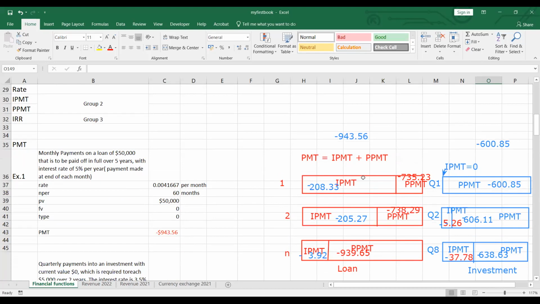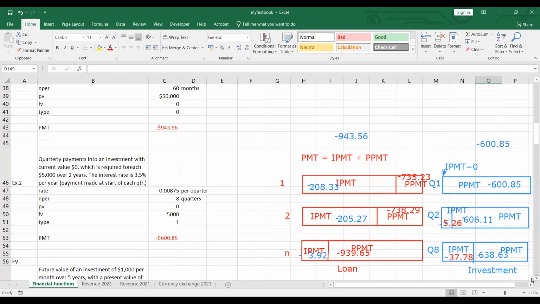It's 943.56. So from this example you can see that the total payment is $943.56, which comes into the proportion of PMT, sorry, IPMT and PPMT differently according to the months.